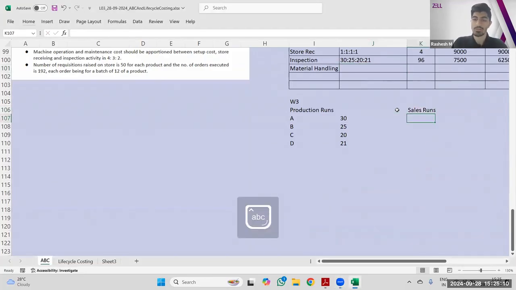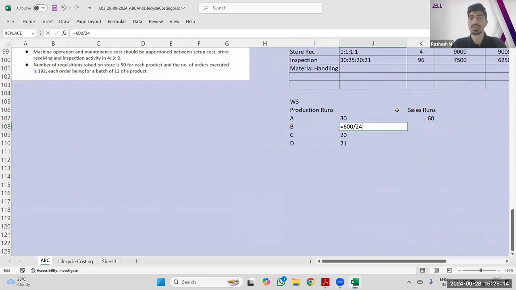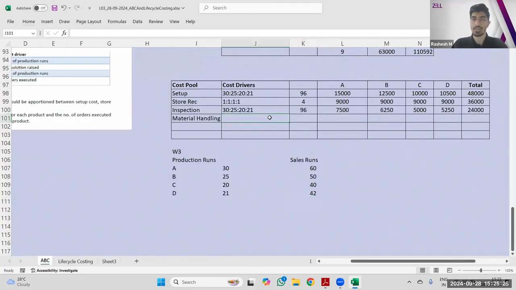Sales runs, I can call it 720 divided by 12. So this will be nothing but a double of my production runs, simply. 600 divided by 12, 480 divided by 12 and 504 divided by 12. So my new ratio is 60 is to 50 is to 40 is to 42, and the total is 192.